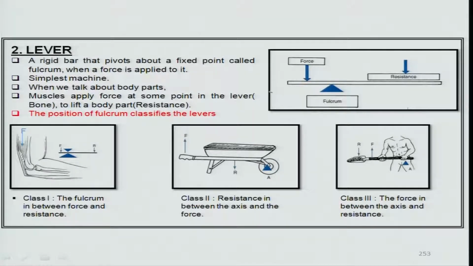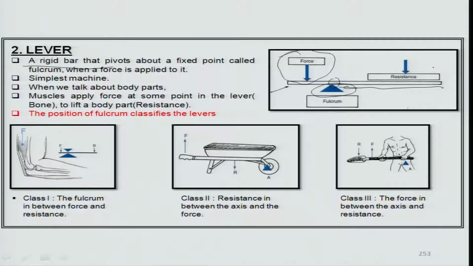For example, here there is a rigid bar pivoted about a fixed point, which is also known as a fulcrum, and there is a force applied on one side which results in a force into force arm, and there is a balance of moment about this point of fulcrum, which is able to, by using a greater arm, lift off a much higher resistance or load.